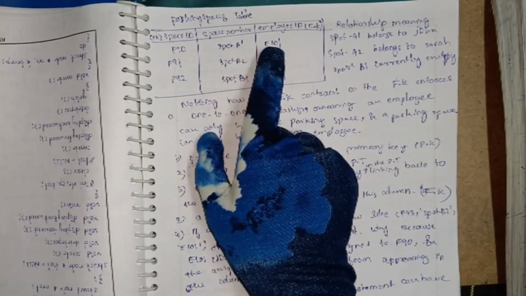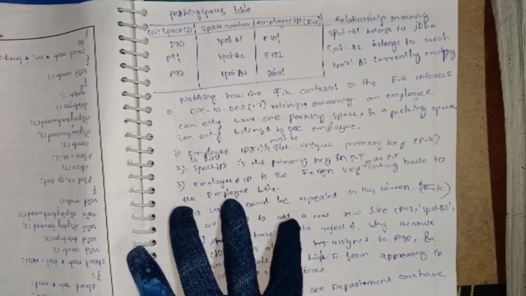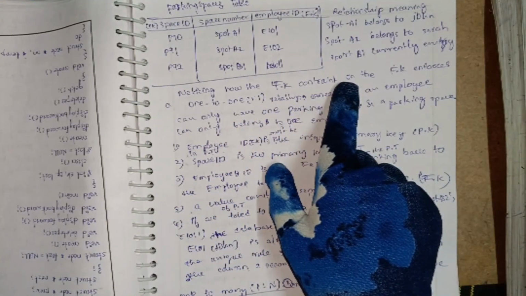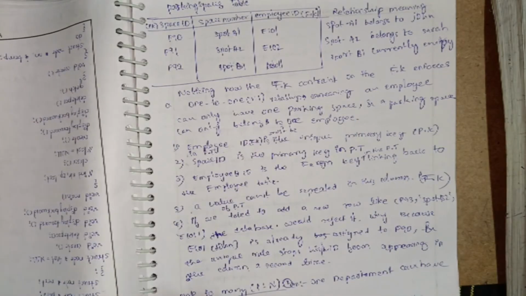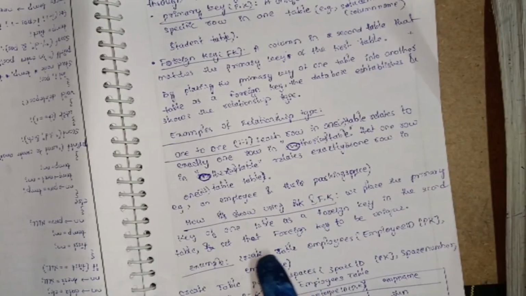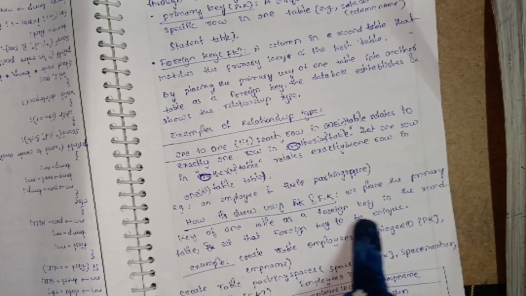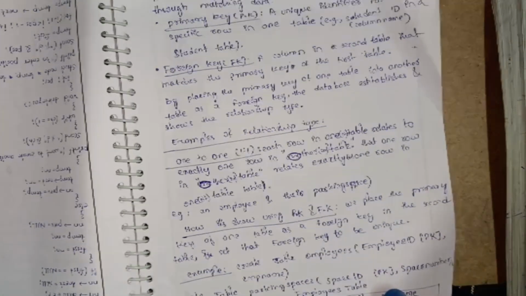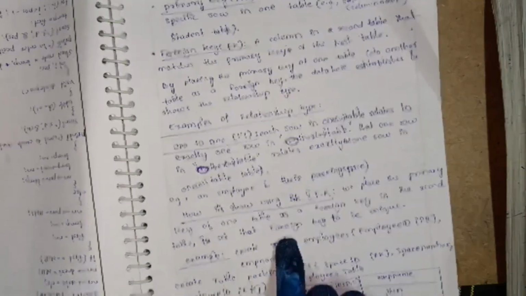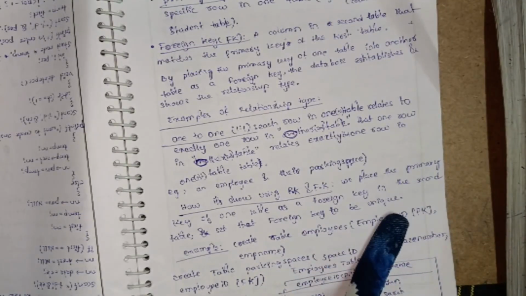And then, noticing the foreign key constraint. In the definition we have set the foreign key to be unique. We said this is a one-to-one relationship, that's why we set the foreign key as unique.